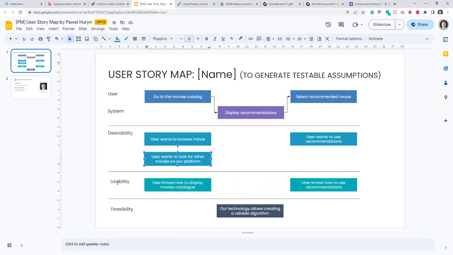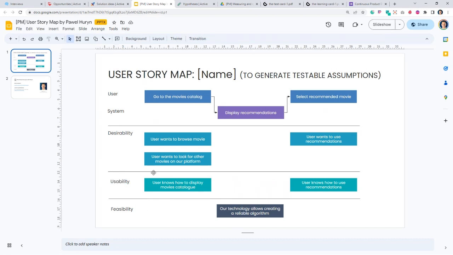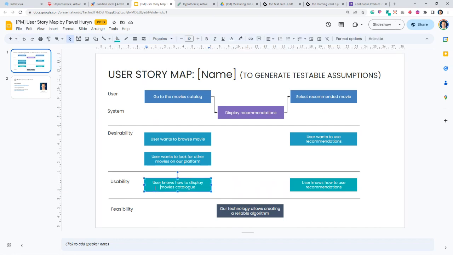And usability, by default, this is a very simple rule: every time the user does something, the default question is whether the user knows how to do it, but you can also be more creative in some cases. So in this case, the user knows how to display the movies catalog or knows how to find this option in the system.